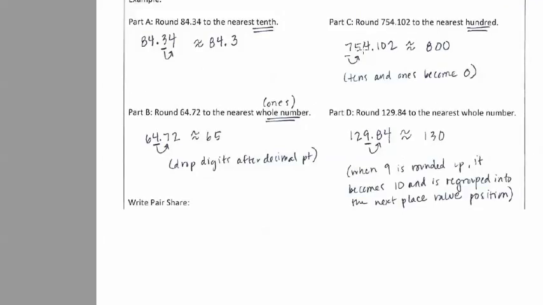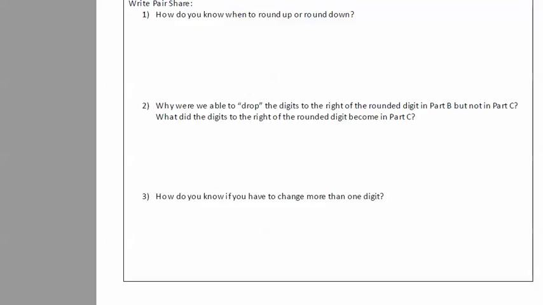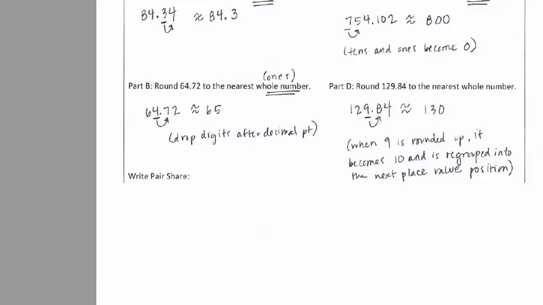However, I need these digits here to keep the place value of this 7 or that 8. And how do you know if you have to change more than one digit? We have to change more than one digit if we're rounding up a 9. It becomes a 10, so it's going to get regrouped into the next place value position to the left.